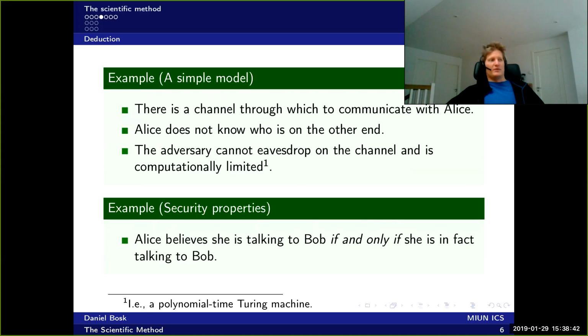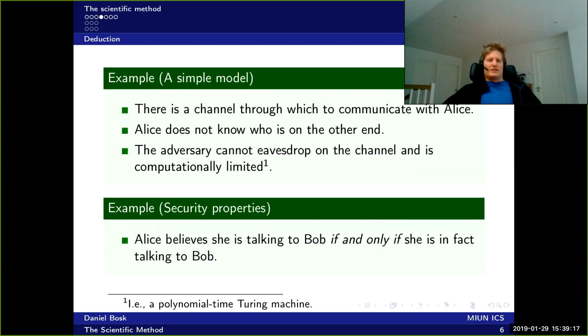So when you are talking to Alice through this pipe, the adversary cannot hear what you're saying. The adversary is also computationally limited. In the usual sense in computer science, this means that it's a polynomial time Turing machine. So it can do stuff, and it can do it fast, but not infinitely fast, so to speak.